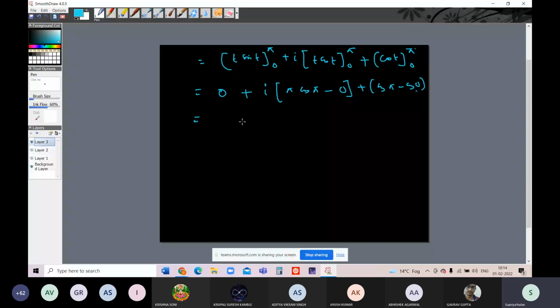Minus pi i, and this will be minus 2. This value is minus 1 and minus 1 minus 2. So minus 2 pi i. So it is the value of the integral when we are integrating this complex function over a real interval a to b. Okay.